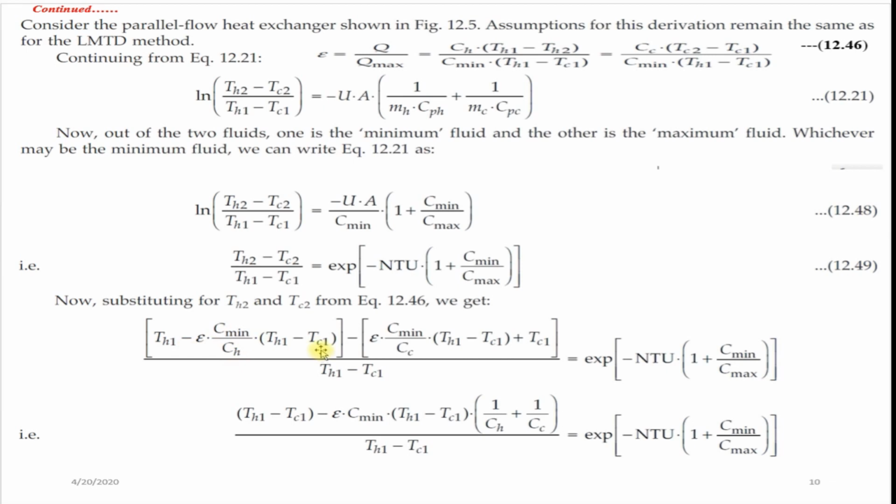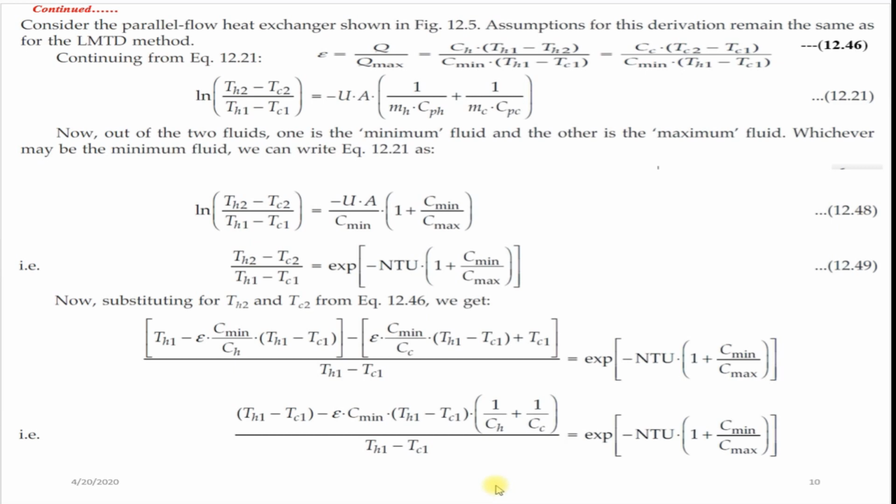If you substitute Tc2 from this equation, it is epsilon into C minimum by Cc into (Th1 minus Tc1) plus Tc1, divided by (Th1 minus Tc1), equal to the same written here. The right-hand side remains the same. Now after simplification, (Th1 minus Tc1) minus epsilon into C minimum into (Th1 minus Tc1) common throughout, the remaining is 1 by Ch plus 1 by Cc. The remaining terms remain the same.